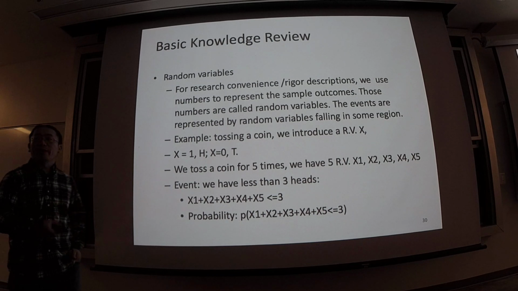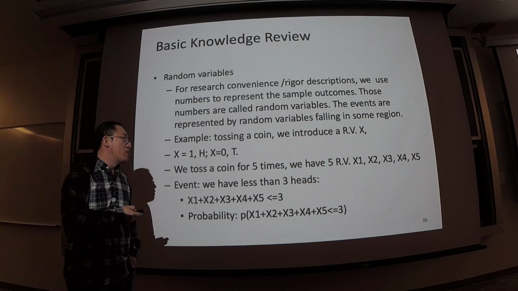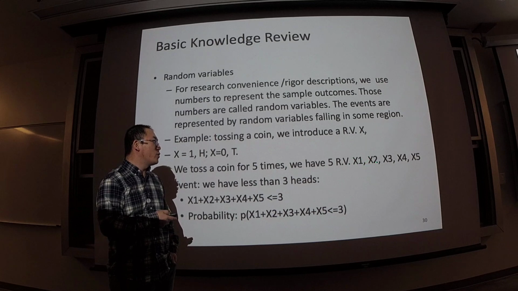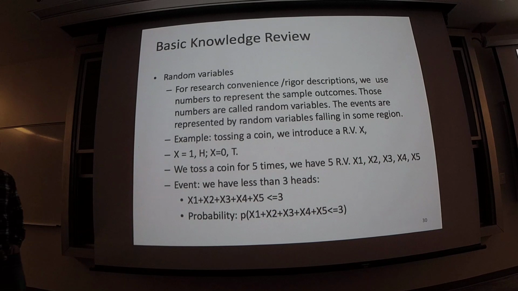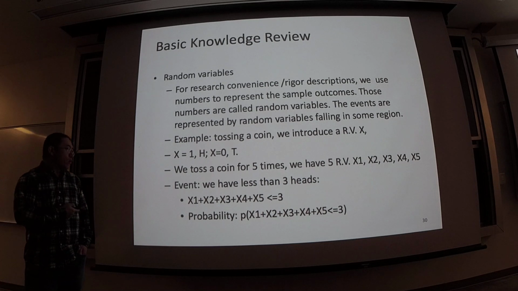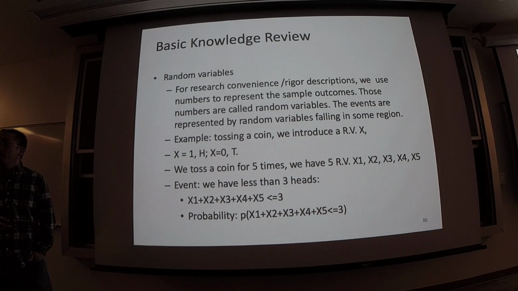If we toss the coin 5 times, that's the experiment we just did, we can introduce 5 random variables, x1, x2 to x5. Now we want to represent a particular event, that we have less than 3 heads, in terms of these 5 random variables. How can we do that?